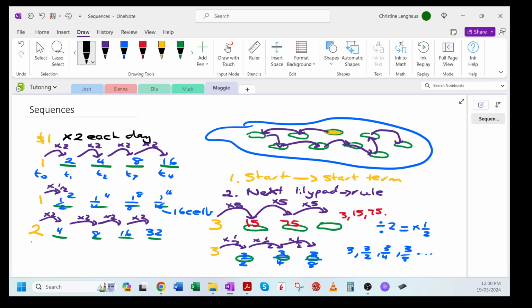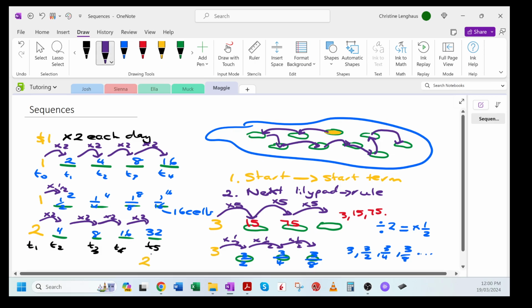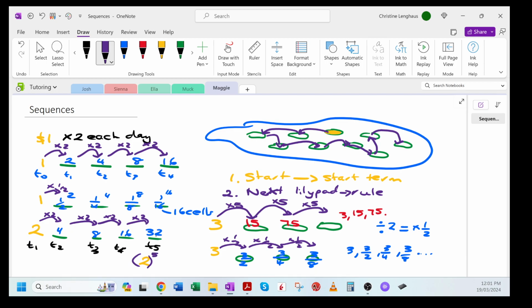But the important part, yeah, so if I labelled it T1, T2, T3, T4, T5, you can see that this is 2 to the power of 5. Yeah, it's because I've multiplied by 2 every time. Actually, I'm going to rewrite that.